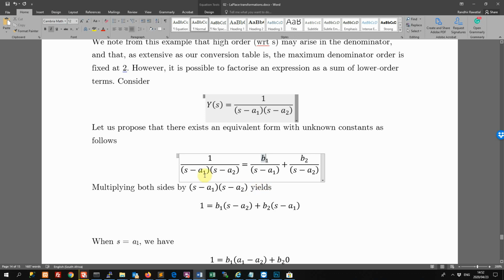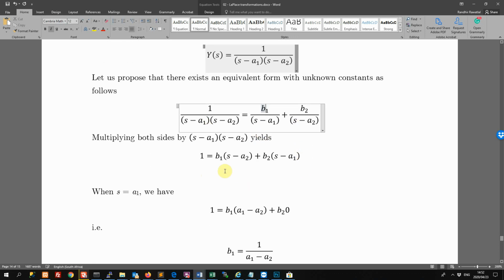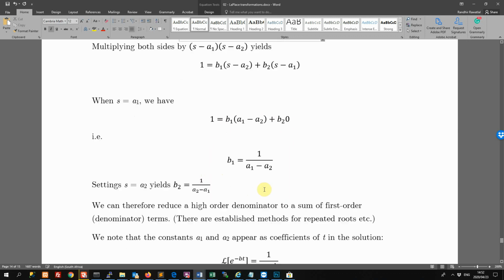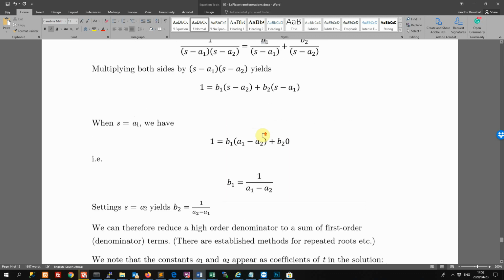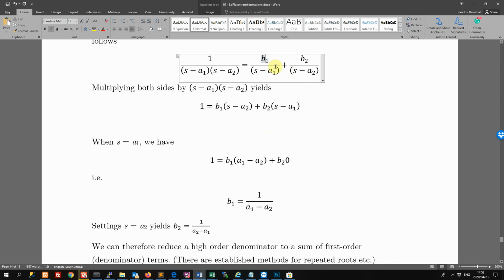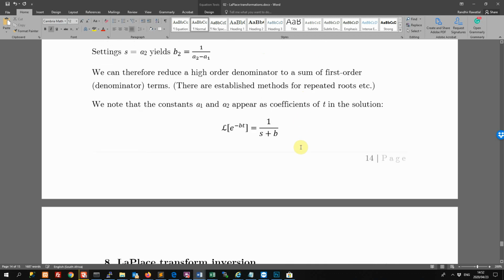And so if you do that, you multiply that out and you choose S values which zero out certain numerators, then you can separate those into factors which you can then look up. So you might not have this in the Laplace table, but you can look up factors that have those forms. Right?